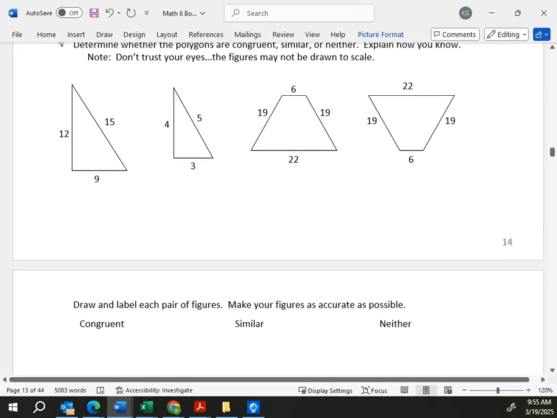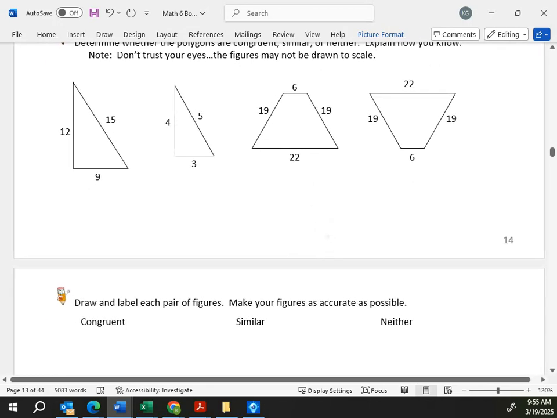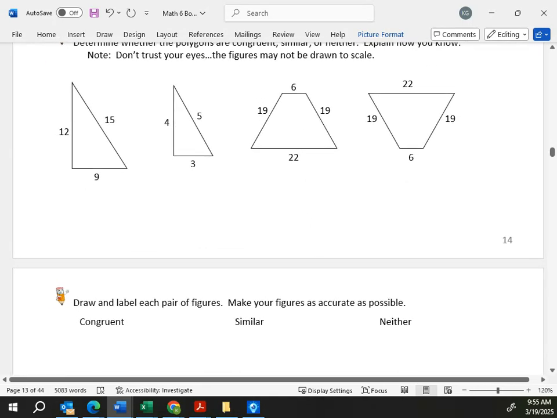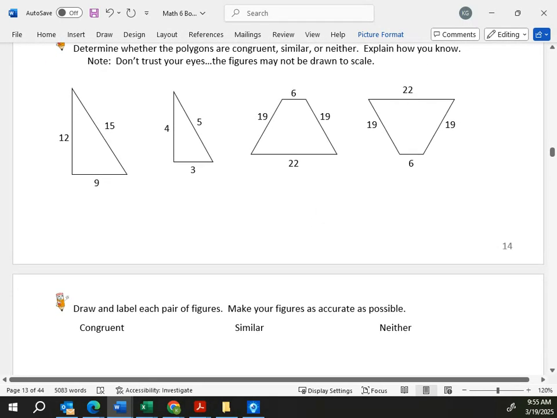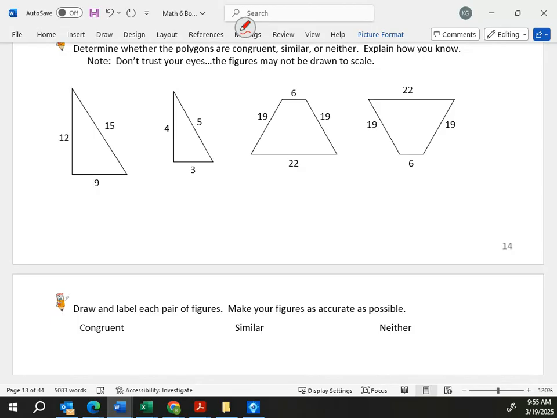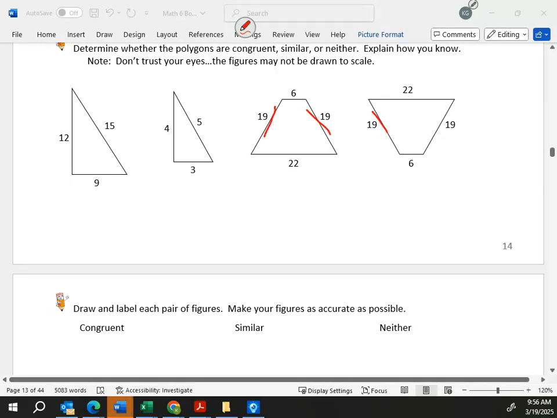So, determine whether the polygons are congruent, similar, or neither. Explain how you know. Don't just trust your eyes. You can't say it looks similar. We have to know. So I'm looking at all of these. If I look at my long slanted sides here, they're both 19.